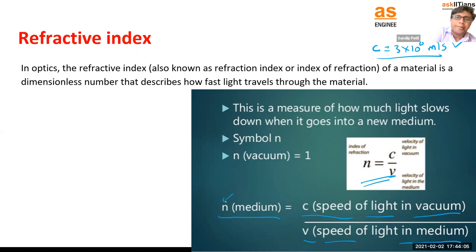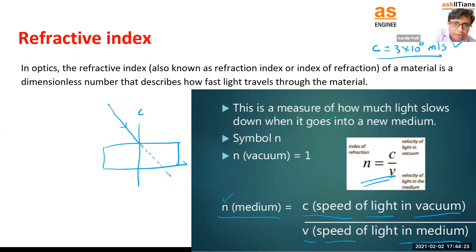Let's do a very small calculation. Consider there is one glass material, and the light is going, let's say, to strike up to this position, and the velocity we know, c, is the velocity. After going inside, I also told you that it is not going to go in a straight line. It is going to bend, let's say at angle r. This is our angle i.